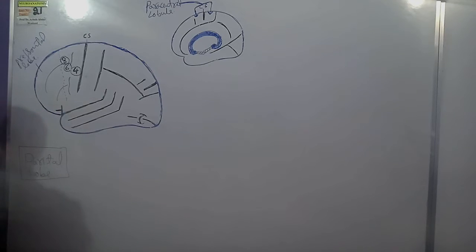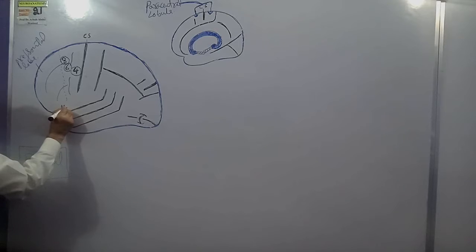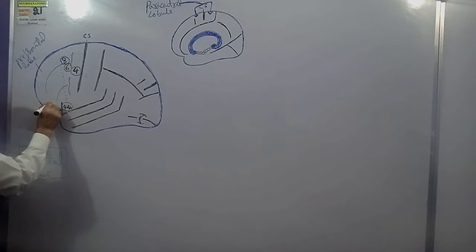Here is Broca's area, area number 44, Brodmann cortical area 44, and Brodmann cortical area 45. Broca's area, motor speech area.